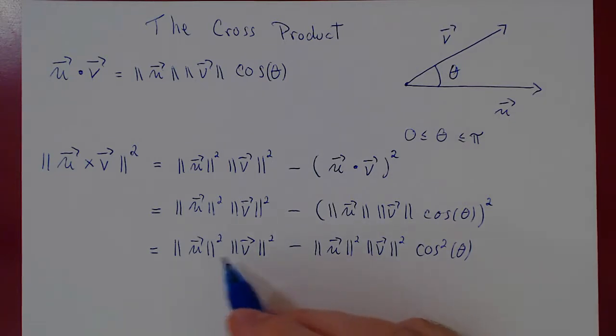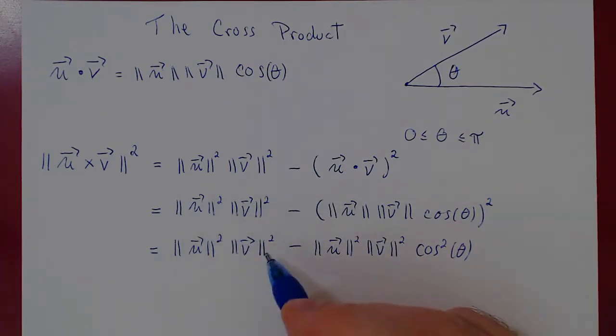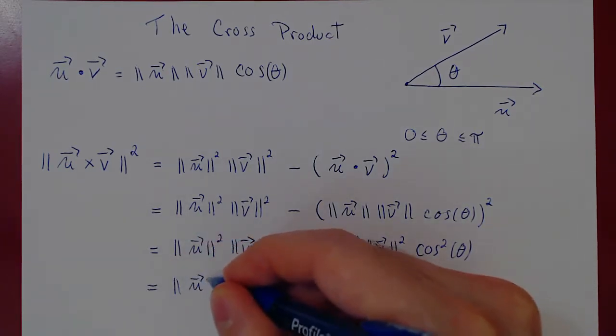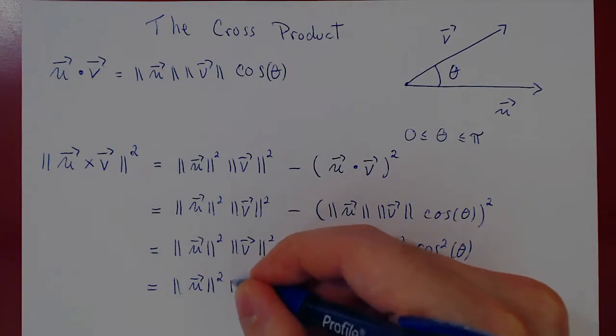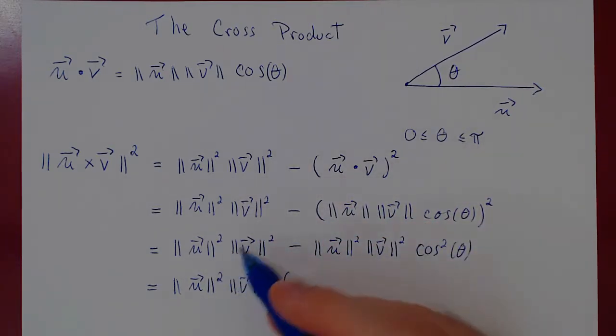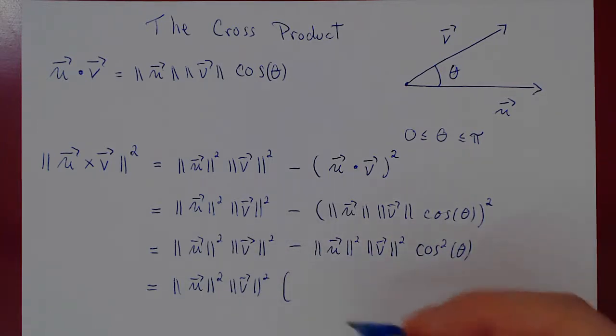Now if you notice, both terms share as a common factor the norm of u squared and the norm of v squared. So we can factor these out. And if we do so, we are left with 1 minus cos squared.